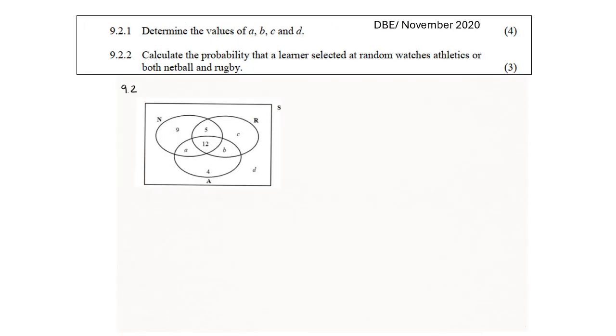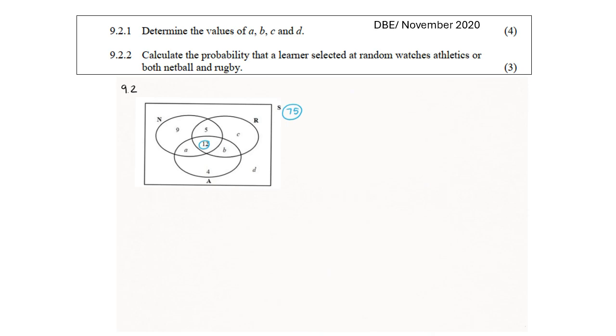Let's now indicate all the given information on the Venn diagram and try to interpret it. It says that the survey was done among a group of 75 learners, so the sample space will consist of a total of 75. Then they say 12 learners watch netball, rugby, and athletics, and that is indicated by the 12 in the middle where all 3 of the ovals intersect.